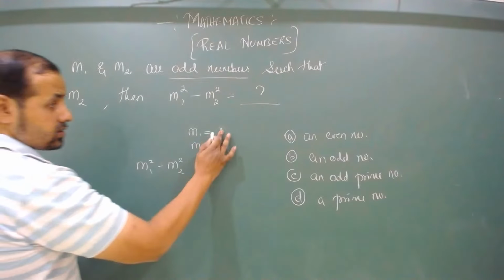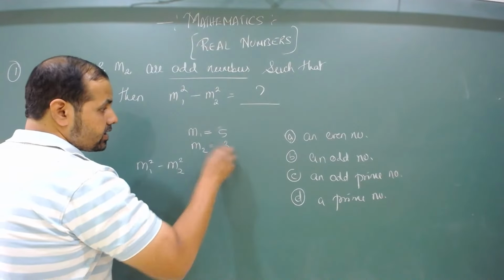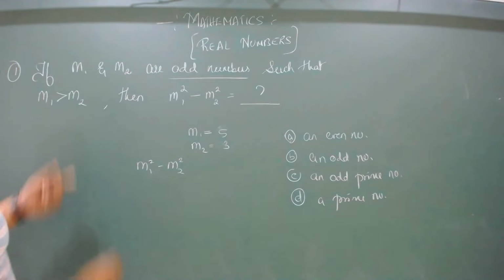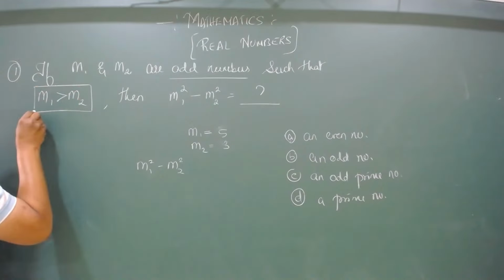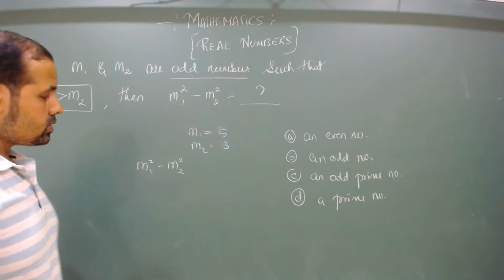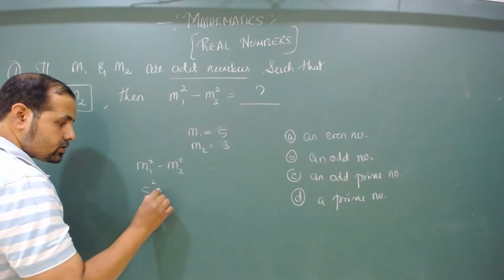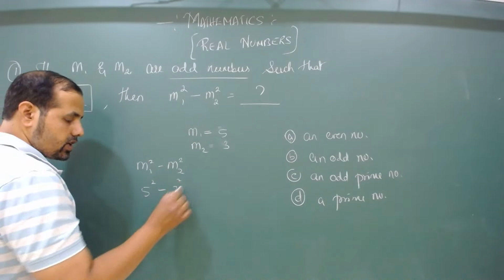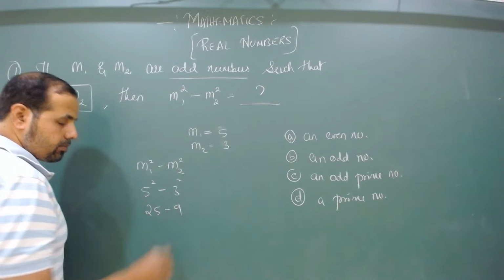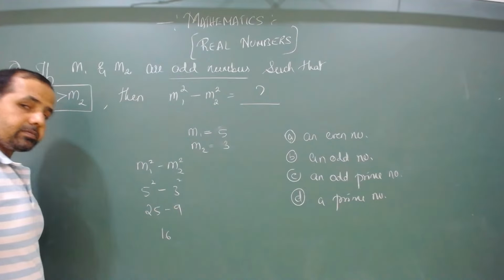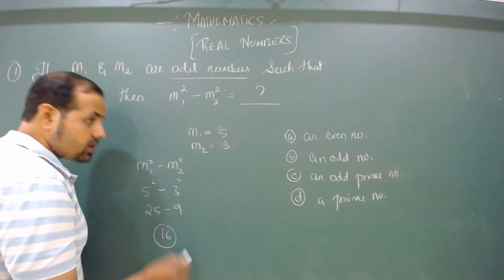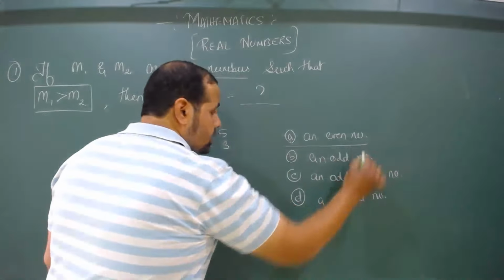The condition is M1 is greater than M2. So I will take M1 as the greater number: 5 square minus 3 square, 25 minus 9, which is 16. 16 is an even number.